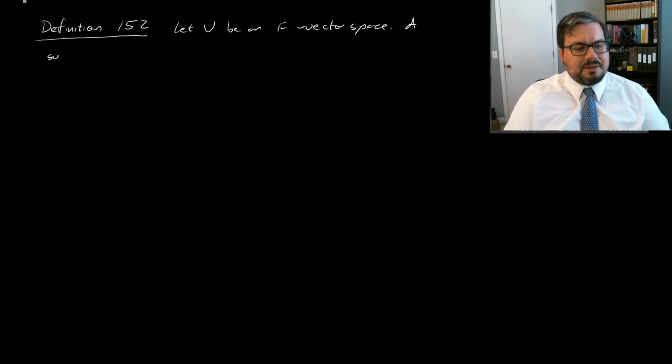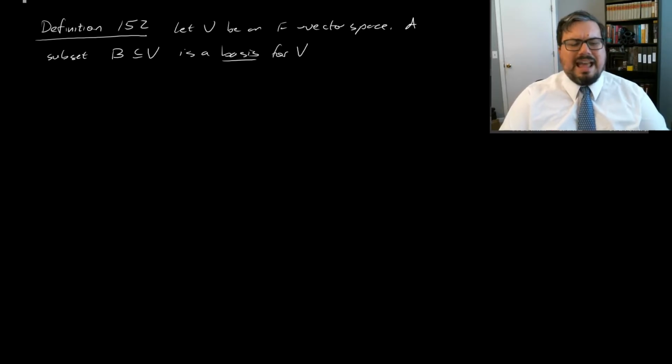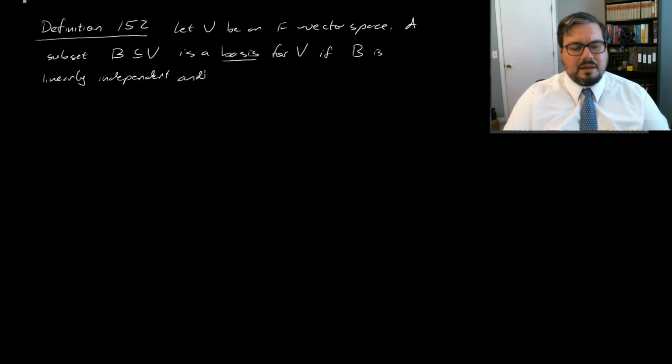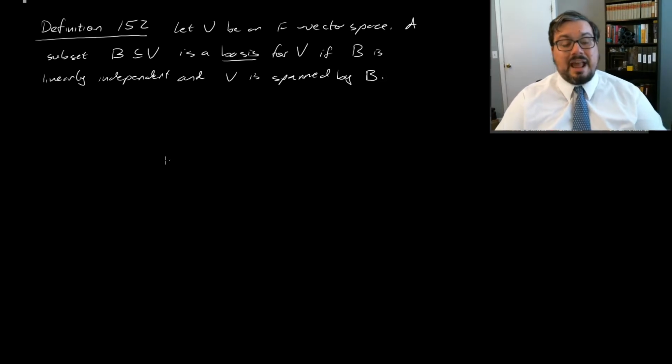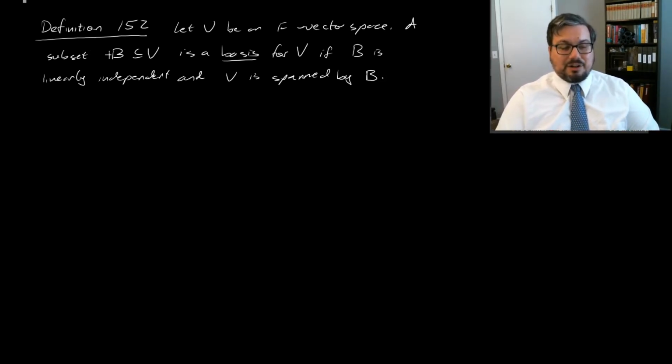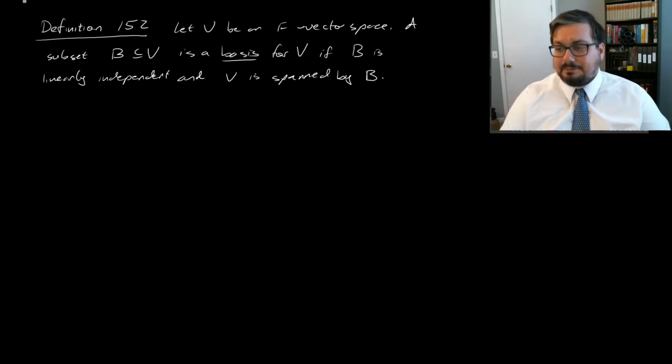A subset B of V is a basis for V, an F basis if you like, if B is linearly independent and V is spanned by B, meaning that every element of V can be expressed as a linear combination of the elements of B.